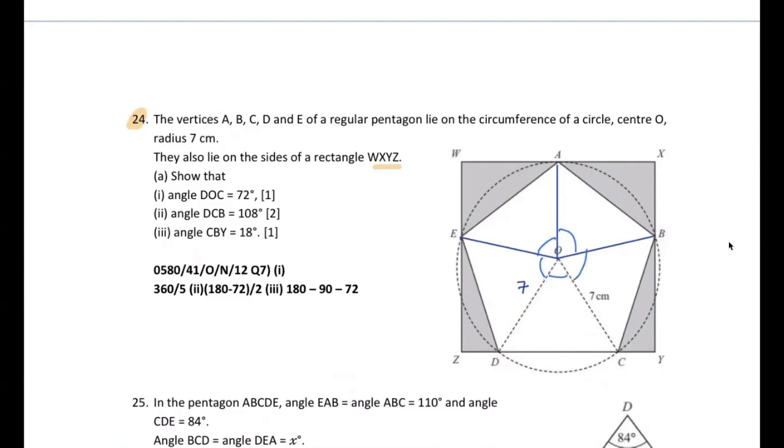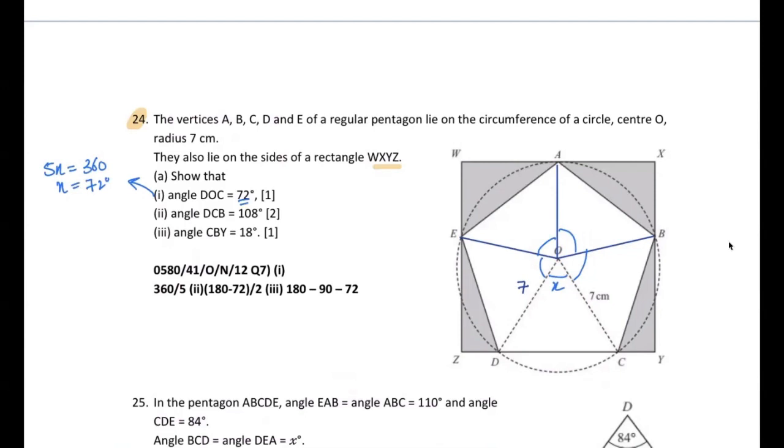Yes. So if I say that this angle is x, then 5 times this angle is going to be equal to 360 degrees because angles about a point add up to 360. So x is going to be 360 divided by 5. That is 72. So we have shown that this is 72, right?